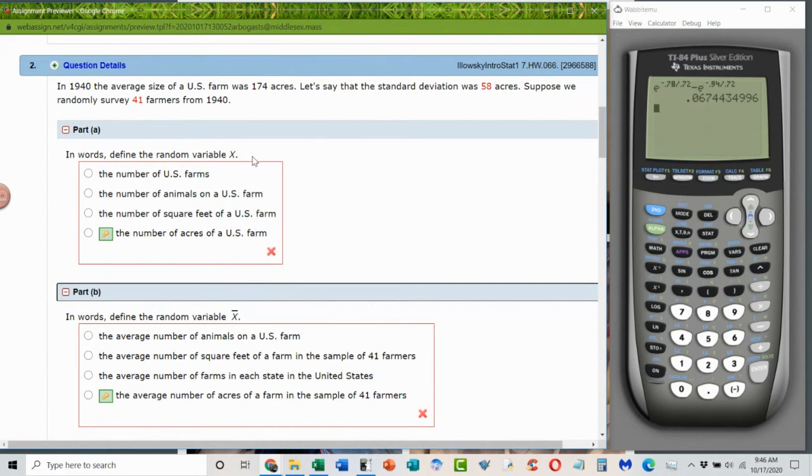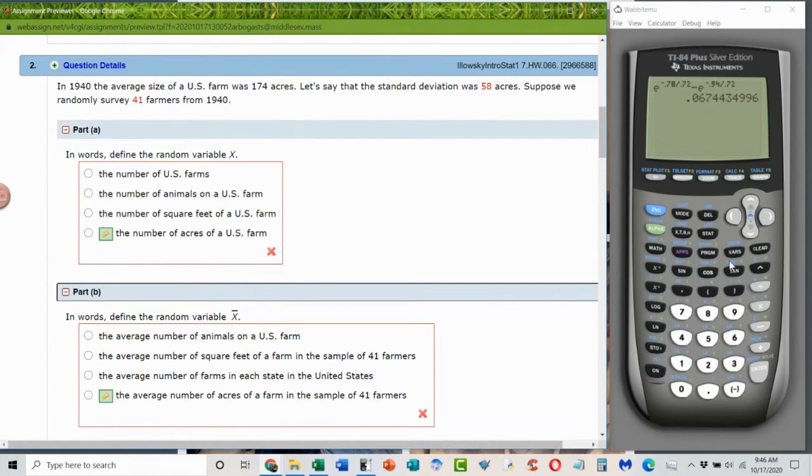And that's going to be the big difference between these two things. Because if I'm finding the probability that a single farm is less than 150 acres, I need to know these things here, and I will use the normal distribution. Well, actually, I don't even know what distribution I would use. That's the problem. But if I know that I'm looking at the average size of 41 farms, what's the probability that that's less than 150 acres?